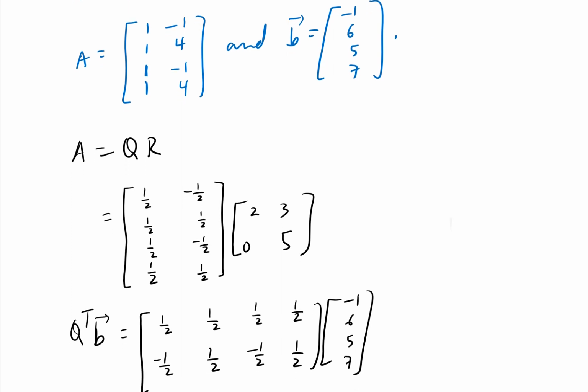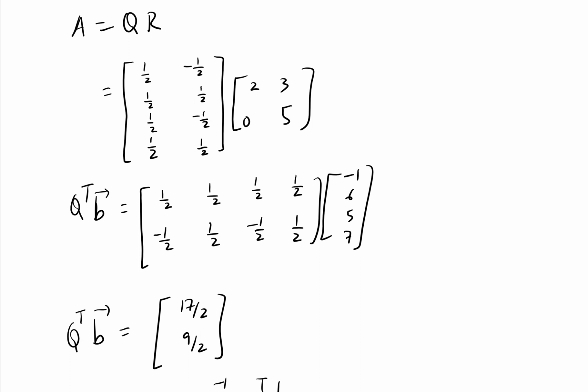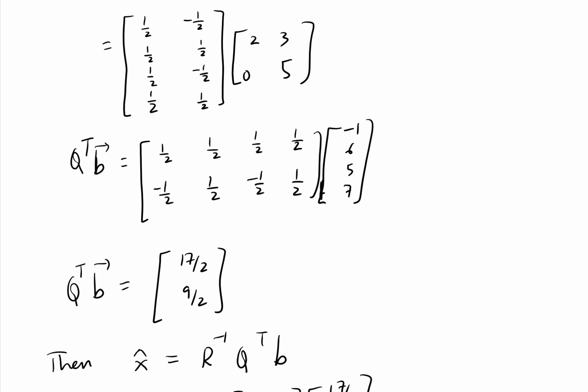From here we found Q transpose times B, because B is given, and from Q I found Q transpose. We did some row operations, multiplying row by column, and that gave me 17 halves and 9 halves. Then from Q transpose B and R inverse, it's very easy to find R inverse. We could multiply everything out, again using row operations.